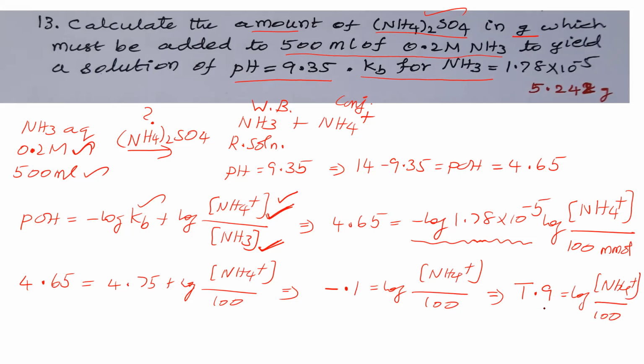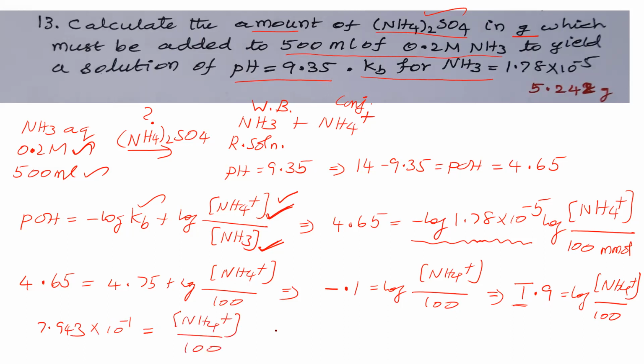Now take antilog on both sides. Antilog of 0.9 is 7.943, and the 1 bar we write as 10 to the power of minus 1, which is equal to ammonium ion by 100.